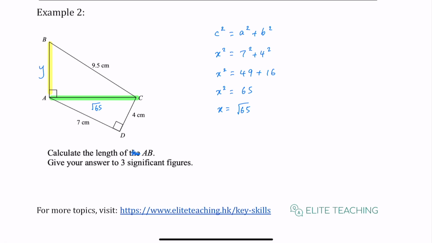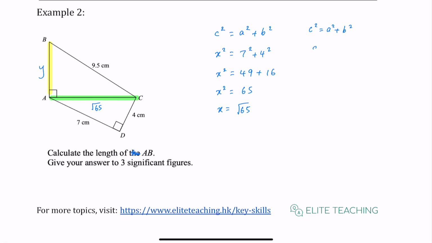Now we can use Pythagoras again in order to find y. Once again, c squared is equal to a squared plus b squared. Now it's important to note that 9.5 is the longest side of that right-angled triangle. So 9.5 will be our c.